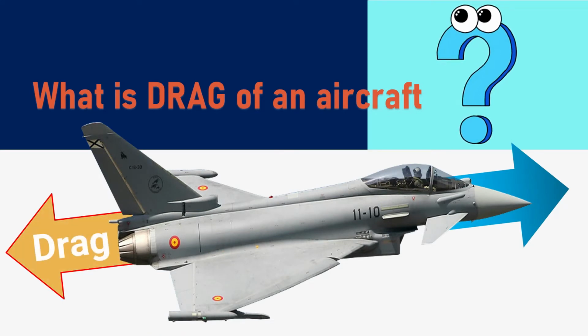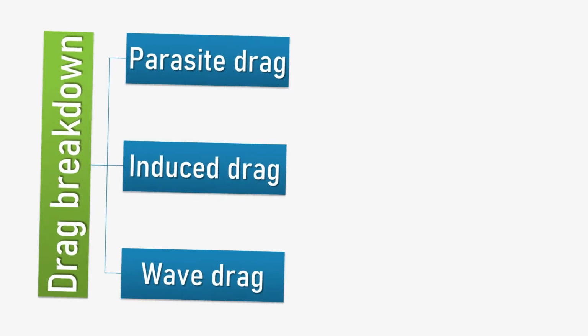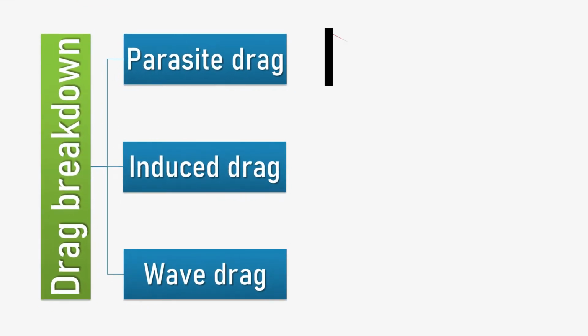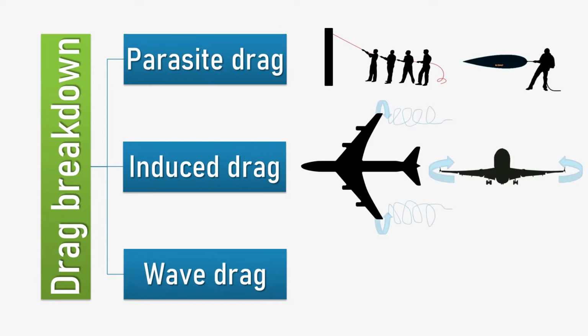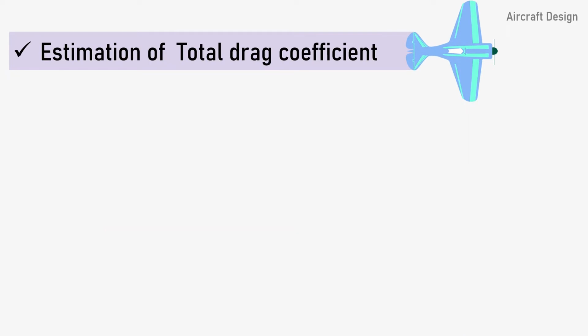Drag is commonly divided into three parts: parasite drag, induced drag, and wave drag. Based on research, parasite drag breaks down into three components: skin friction, form drag and interference drag. So you are already aware of the types of drag and the reasons behind them.